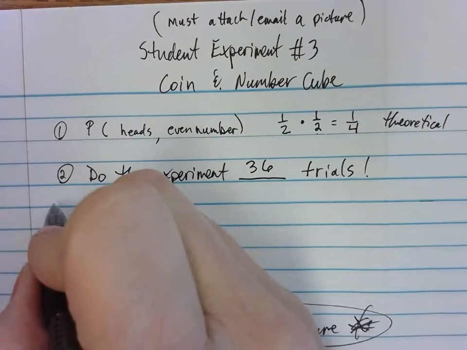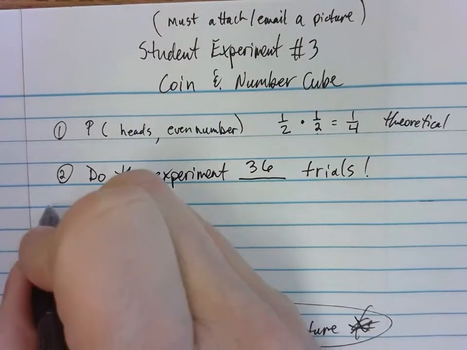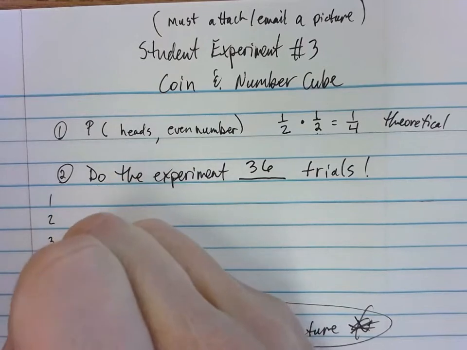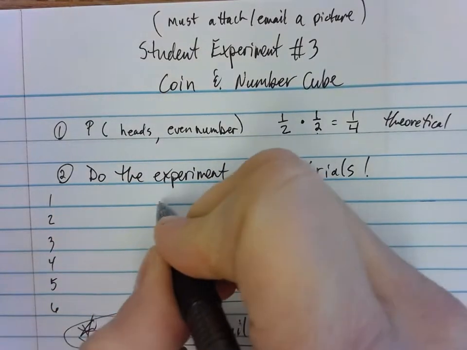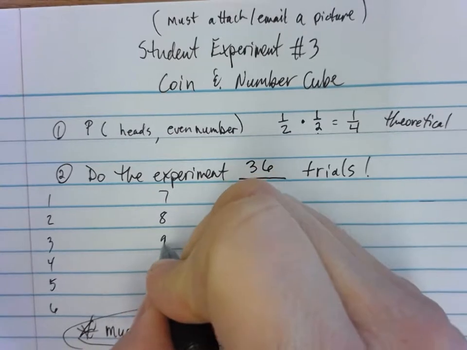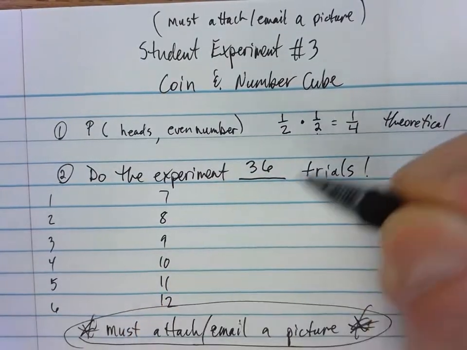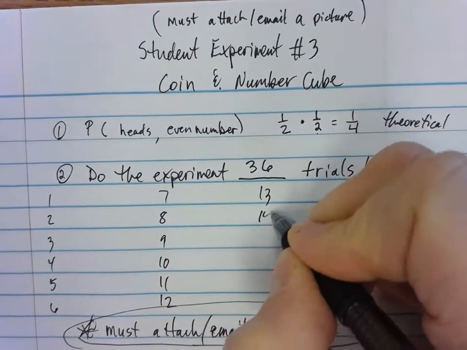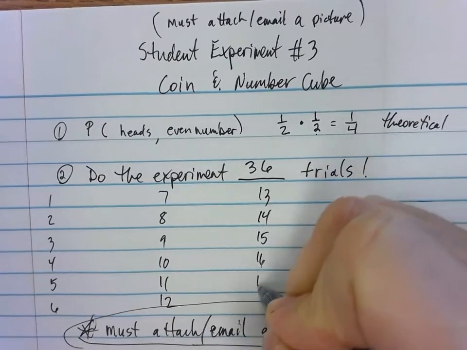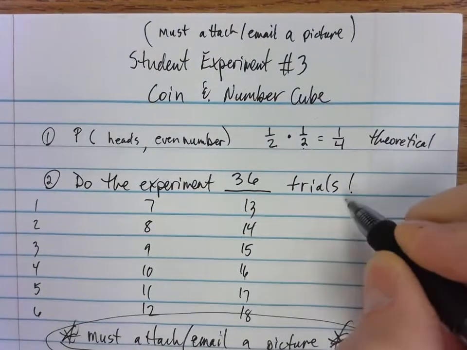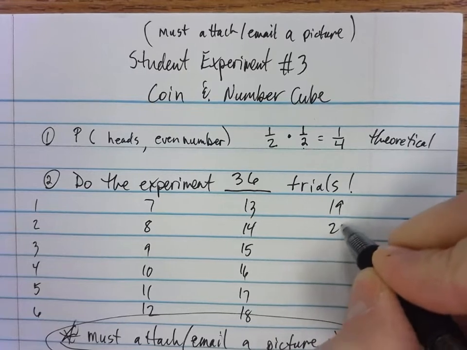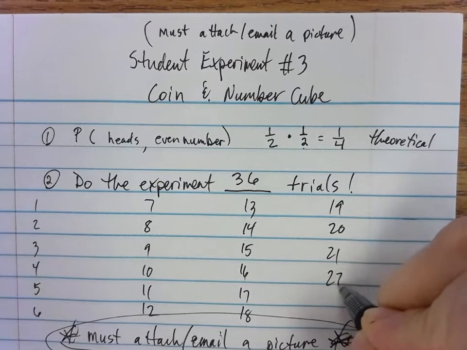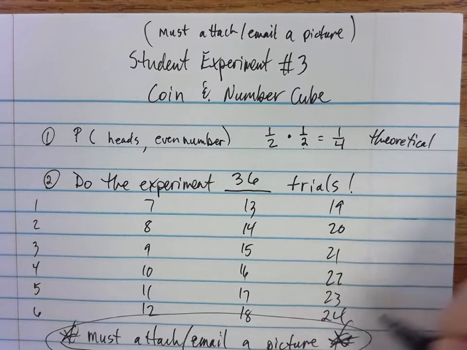So I would come here. 1, 2, 3, 4, 5, 6, 7, 8, 9, 10, 11, 12, 13, 14, 15, 16. Just the same thing, 19, 20, 22, 23, 24.